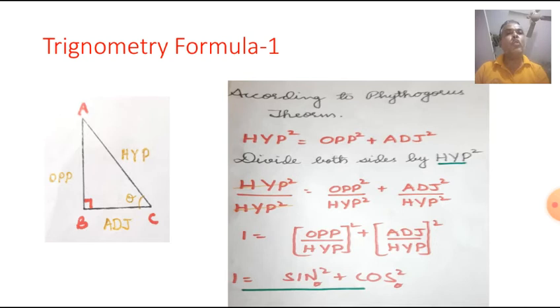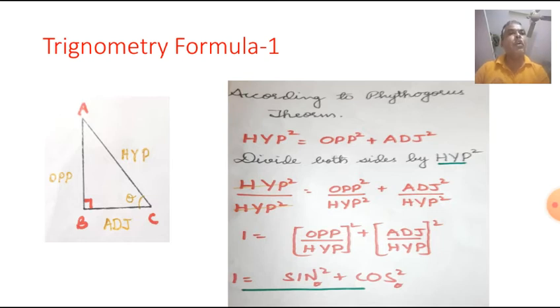Opposite square by hypotenuse square can be written as opposite by hypotenuse whole square, because a square by b square can be written as a by b whole square. Plus the next can be written as adjacent by hypotenuse whole square. So 1 is equal to opposite by hypotenuse whole square plus adjacent by hypotenuse whole square.